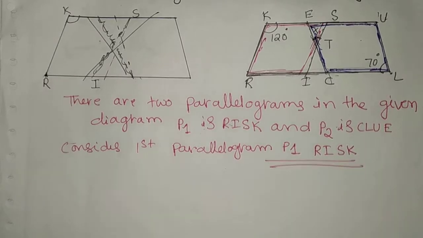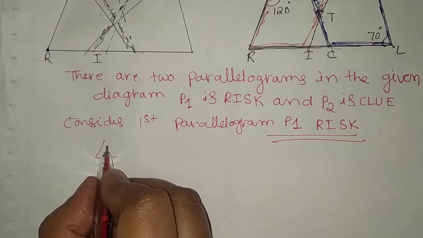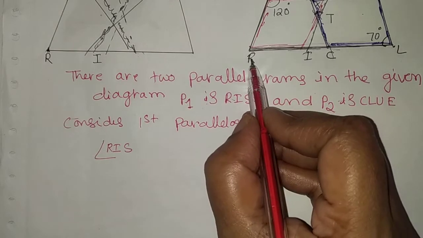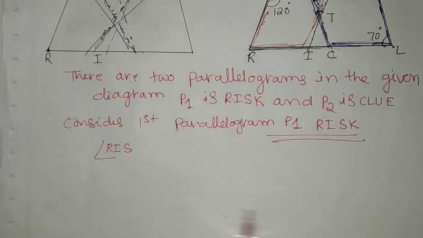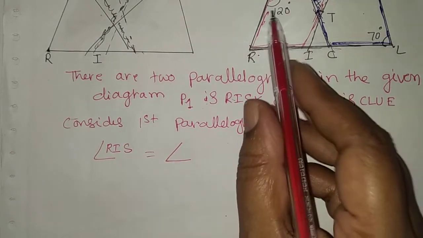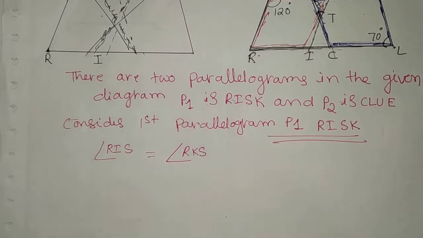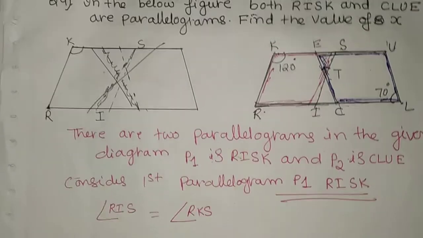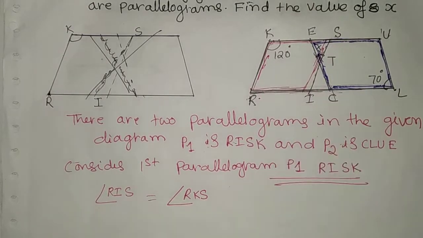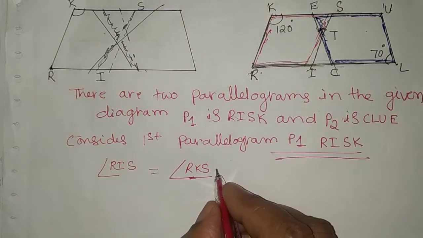So the angle RIS is equal to angle RKS. I'll show in the figure, this one is RIS and this one is RKS, which is equal to, they have given there as 120 in the figure.